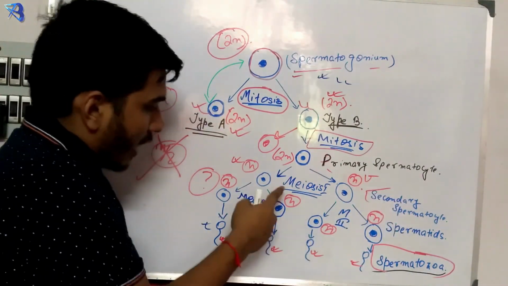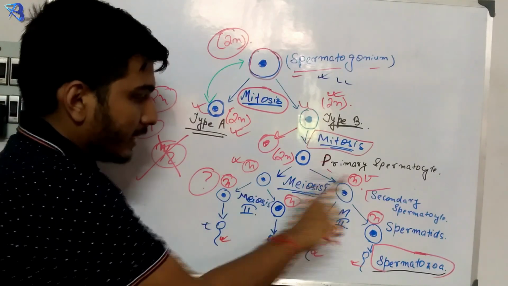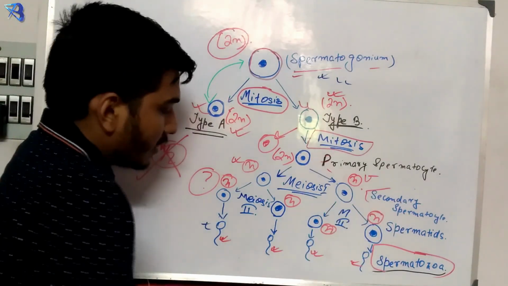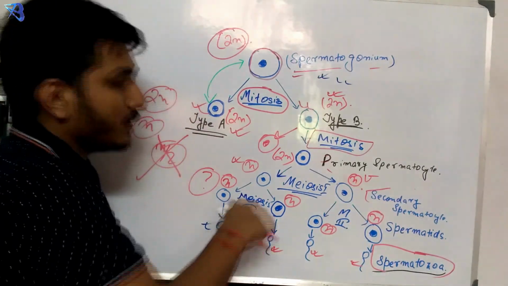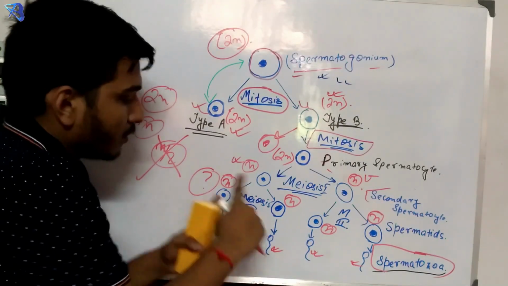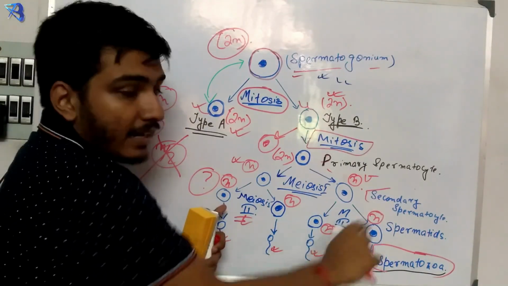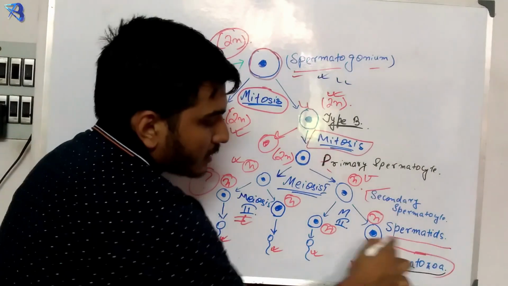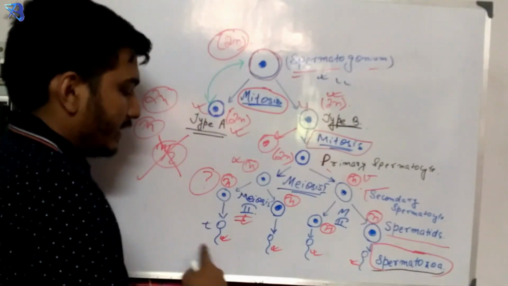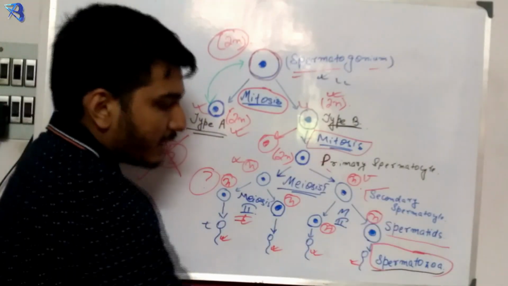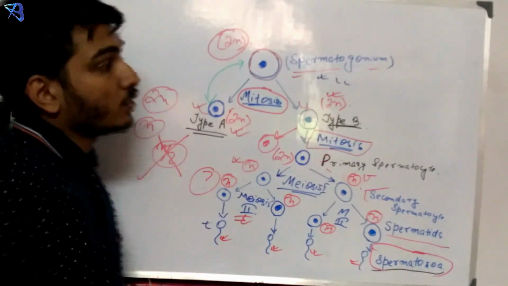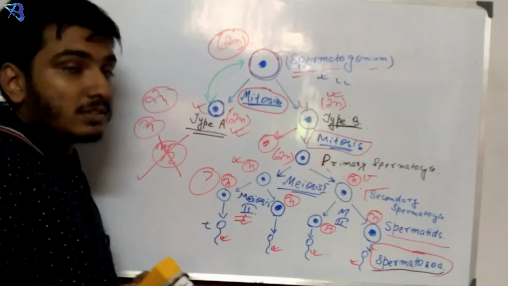Again it undergoes meiosis 2 this time, which is similar to mitosis. So the chromosomal content becomes n, n, n and n, and it is known as the spermatids. Finally, a tail is formed with spermatids and it is known as the spermatozoa. So this was the whole process of spermatogenesis.